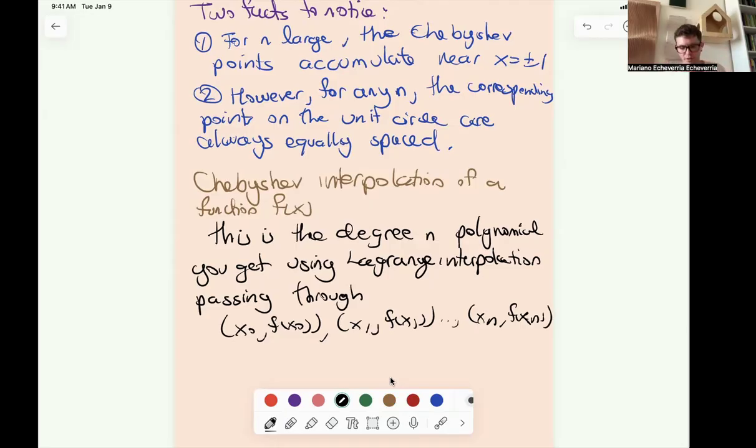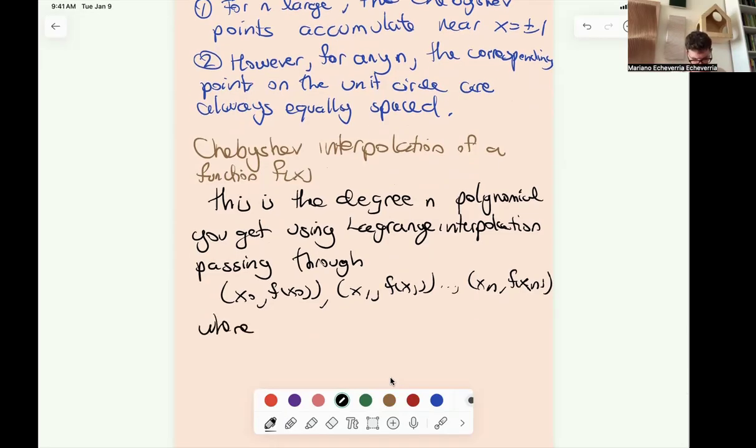Okay, and that's the most important thing. x0, x1 up to xn are the corresponding Chebyshev points.